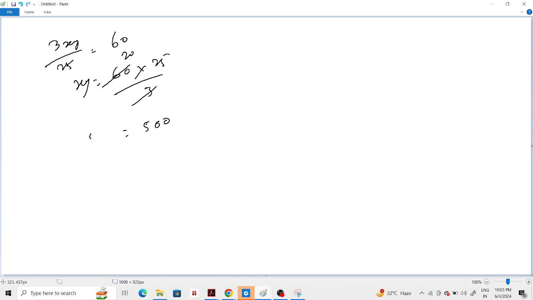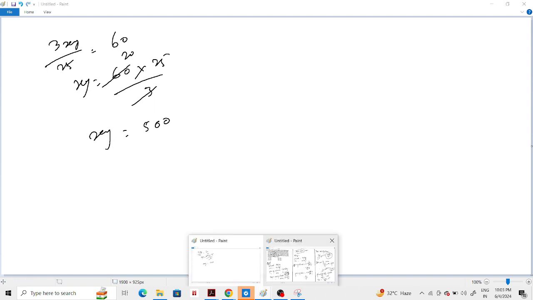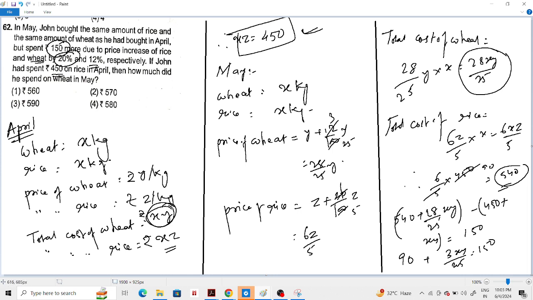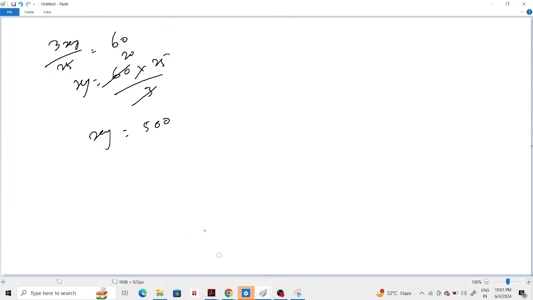Okay, so xy is coming as 500. What is xy? Xy is the total cost of the wheat. How much did he spend on wheat in May? So in May, what is the price of wheat? 28 by 25 xy. Okay, so I just need to find out the value of this. That is 28, that is 560. Option 1.